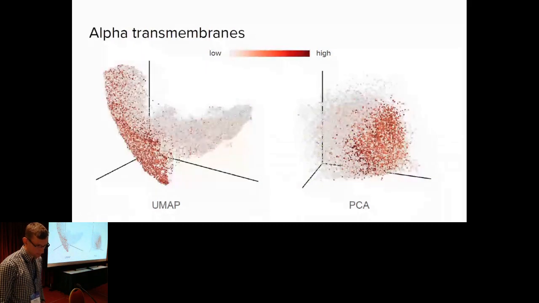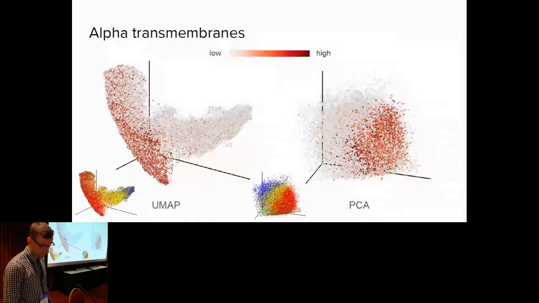We also annotated our structures for transmembrane regions. Again, it's not surprising that most of our alpha transmembranes are located in the region where we have more alpha-like structures. This is not trivial, because our annotations were generated based on sequence, not structure. This is the structural representation here.